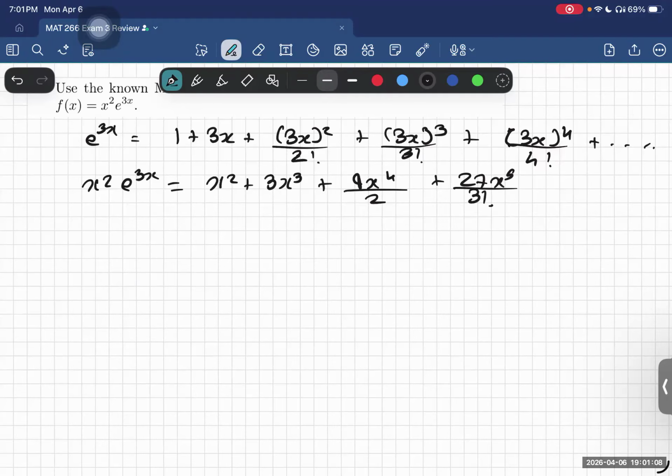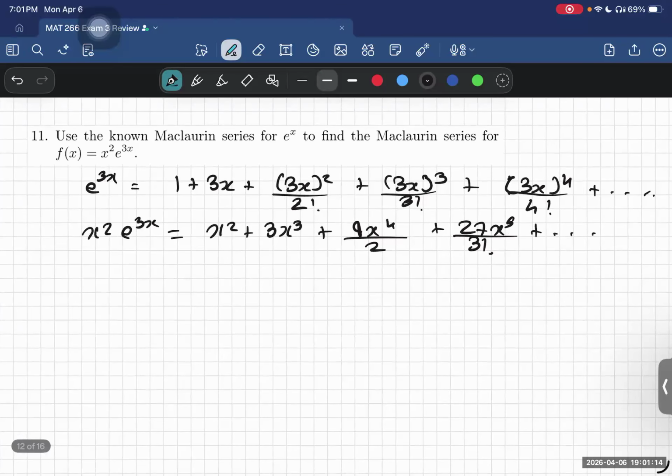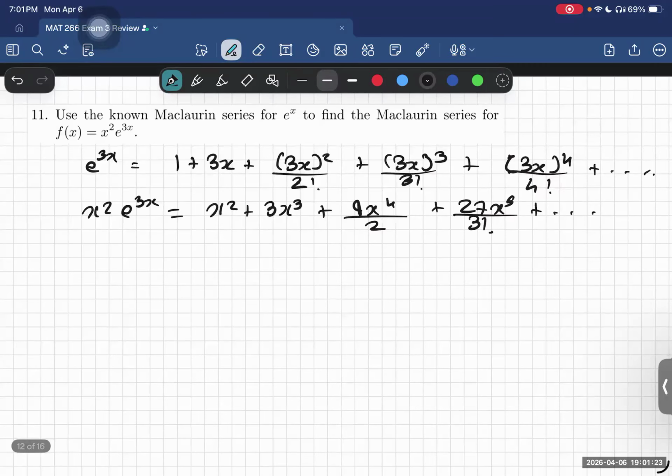Let's keep it like this. Okay, and so on. So if you're asked to find the first 3 terms or first 5 terms, just use the series and you'll get the answer.